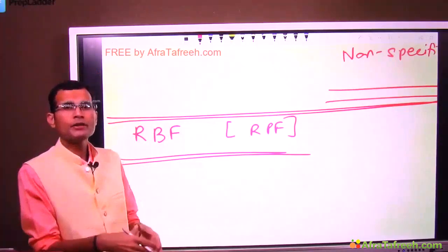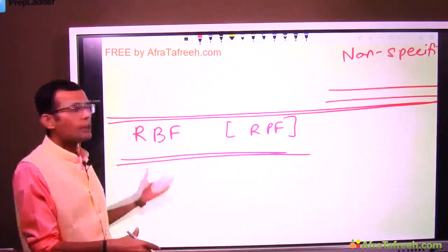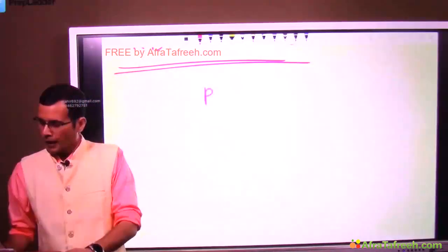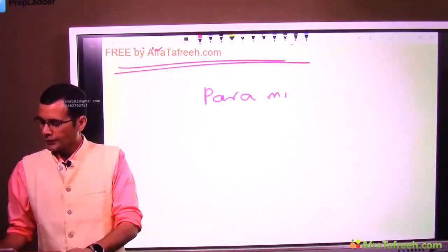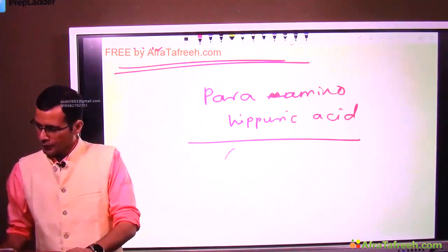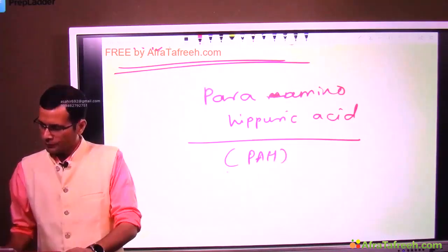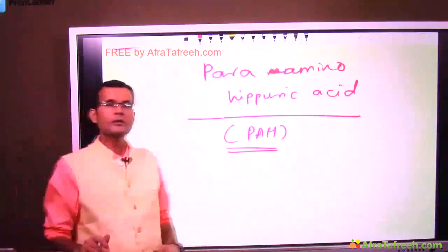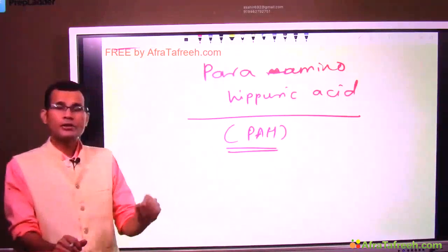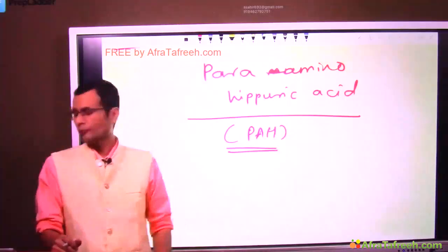The ideal substance to measure the renal plasma flow or renal blood flow is para-amino hippuric acid, PAH. This is the ideal or commonly used substance to measure the renal blood flow and renal plasma flow.